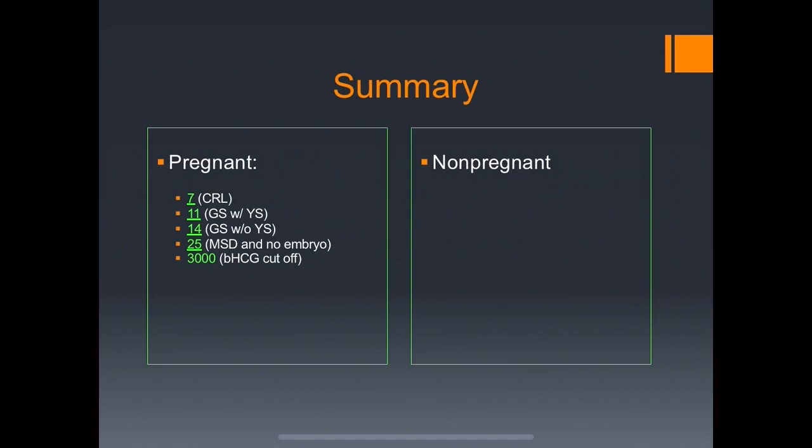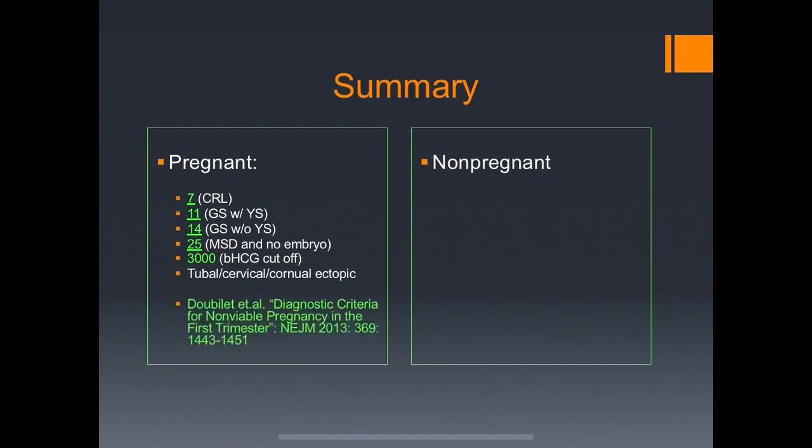And if they are not trending down, then you are concerned for the ectopic and they may start treatment. We saw different types of ectopics, the tubal, which is the most common. We saw cervical and cornual ectopics. This was the article from which these criteria were obtained, which is an excellent read.